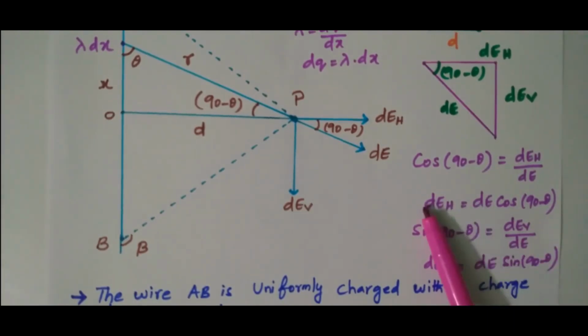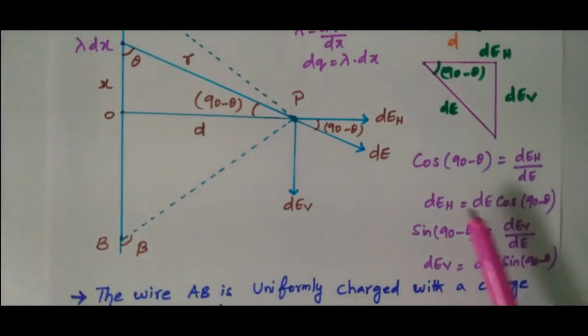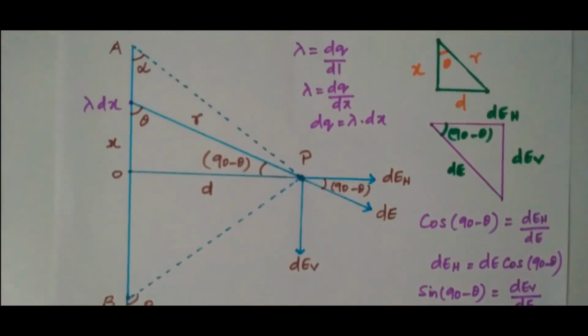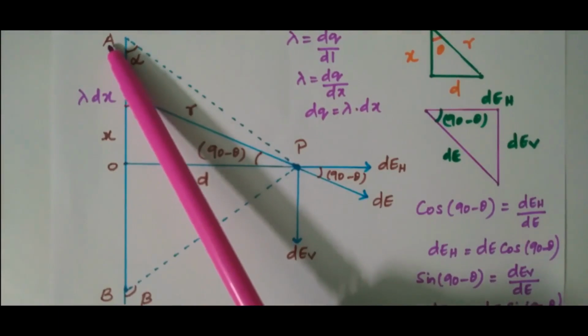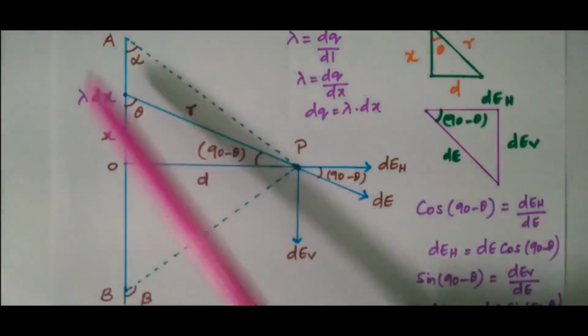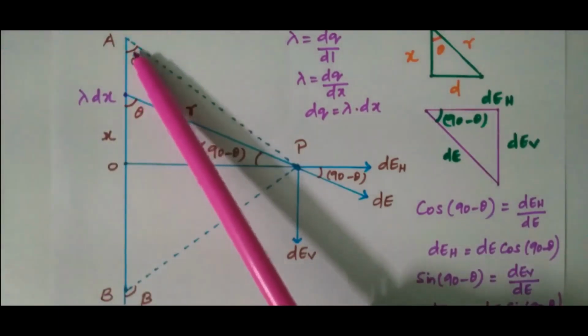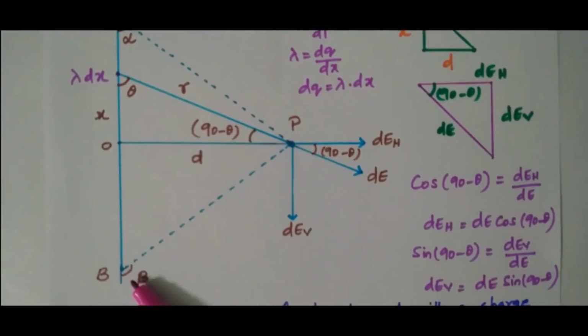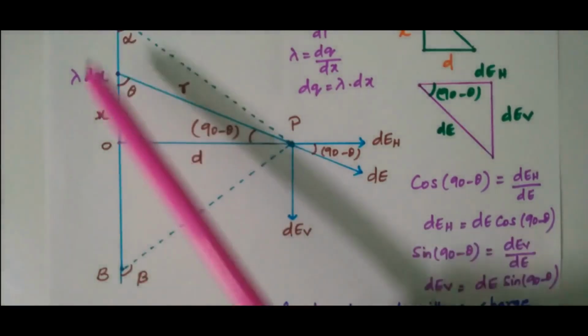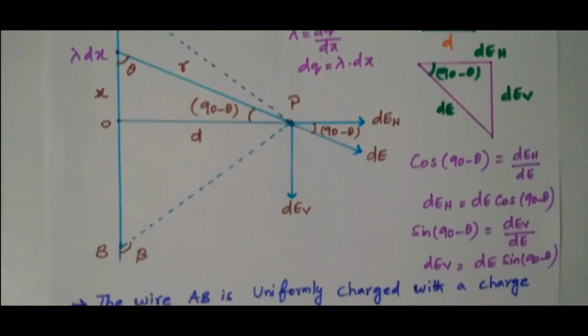Now we have the expression for the horizontal component as well as the vertical component. From that we can find the total component also, right? In this diagram, the wire is named AB. The equivalent angle will be alpha for A, and for B the equivalent angle will be beta, right? While substituting the limits, we can refer to this angle alpha and beta equivalent to A and B, right?